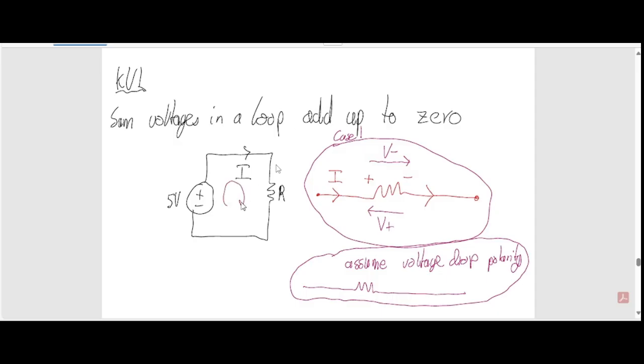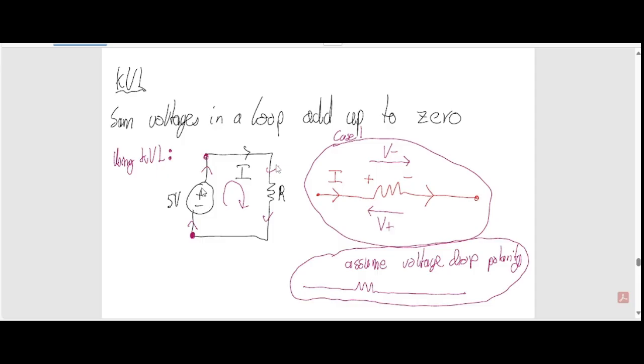Because this is a loop, right? So if you use KVL, the sum of the voltages in the loop has to add up to zero. You pick an arbitrary starting point, and going around the circuit, you add up the voltages.